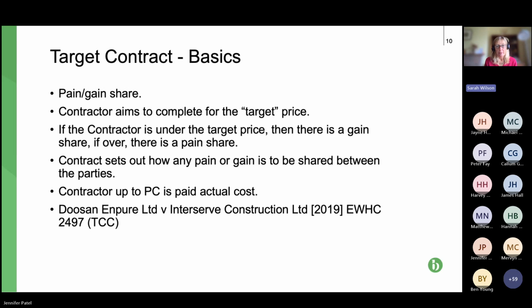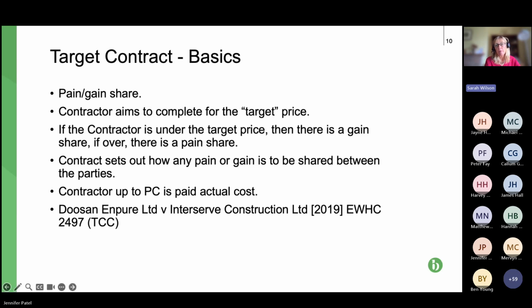In effect, what happened here was the parties were in a joint venture, but effectively regarded Interserve as the developer, the authority commissioning the works, and Doosan as the contractor.